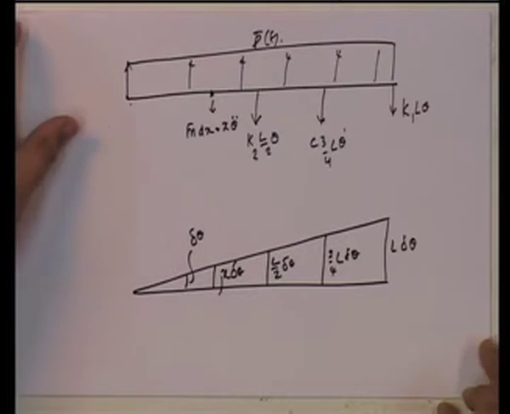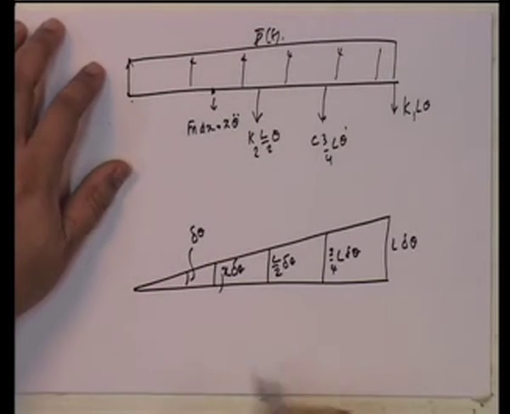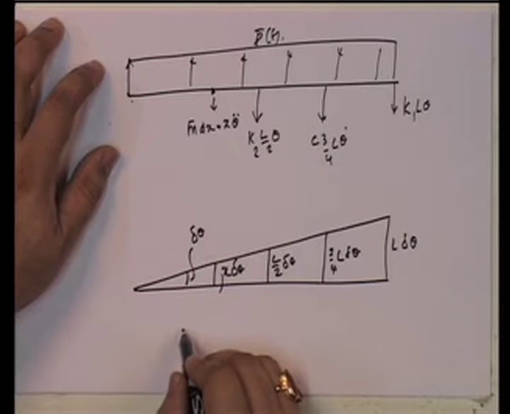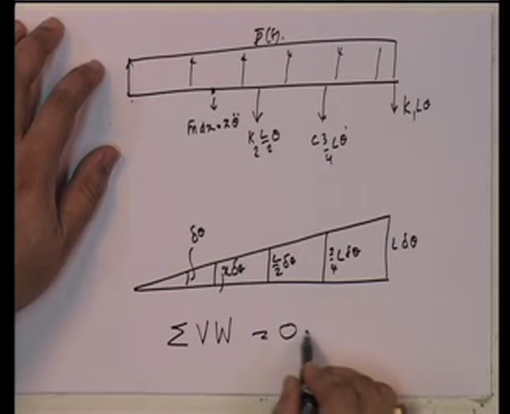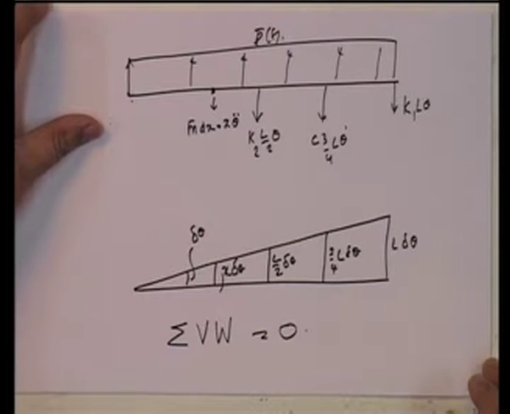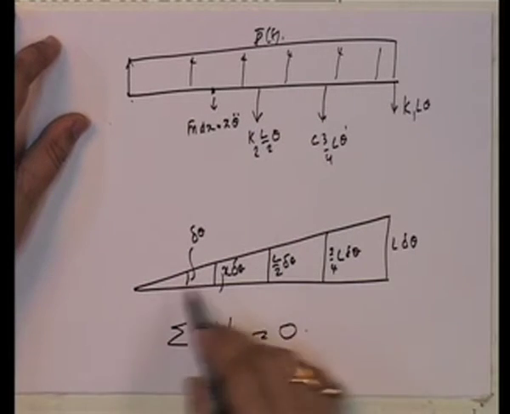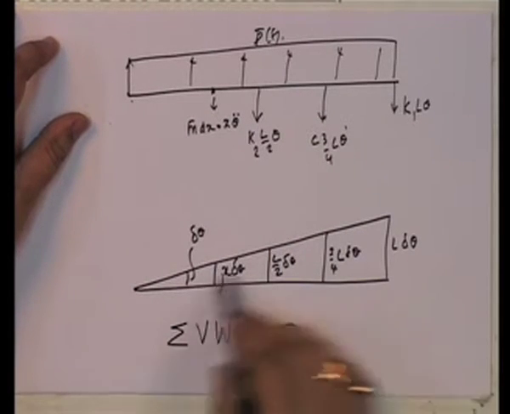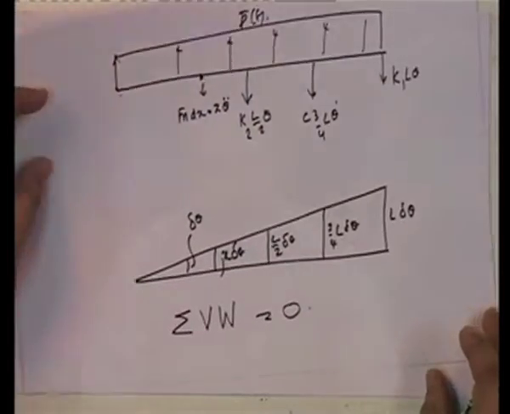Therefore, what we now do is write down the virtual work equation, and the summation of virtual work is equal to 0. Each of these forces undergoes these virtual displacements, and we see what the work done is.